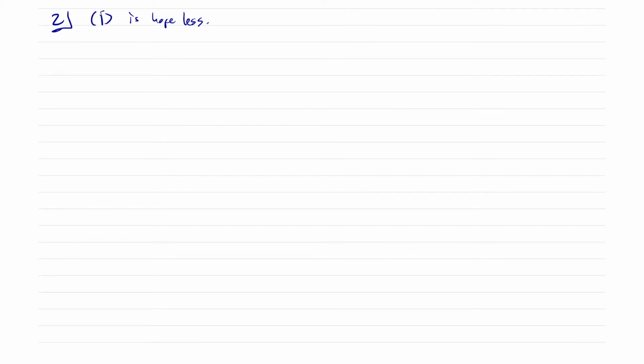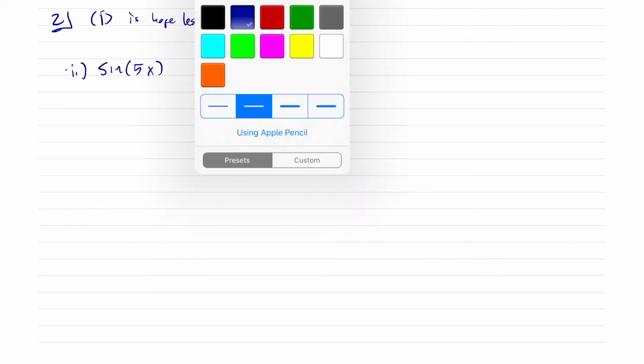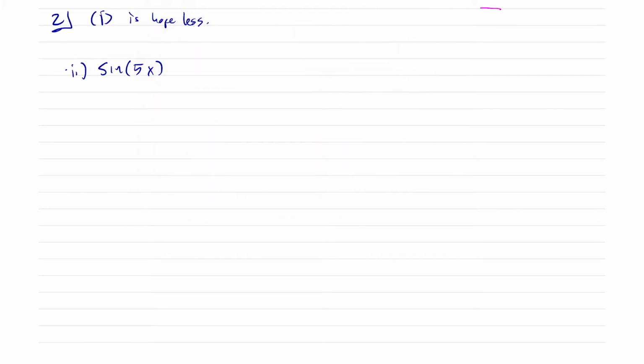Now for 2, this is sine of 5x, and in general, what we're trying to do is find a bound on the error committed by third order Taylor polynomials.